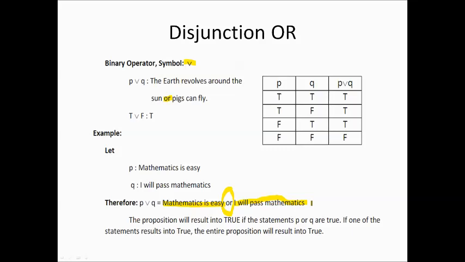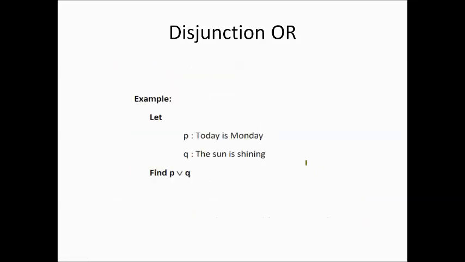The proposition will result in true if the statements P or Q are true. If one of the statements is true, the entire proposition will be true. So that is disjunction OR. Another example. What is the answer, class? Today is Monday, that is the propositional variable P. Q, the propositional variable, is the sun is shining.